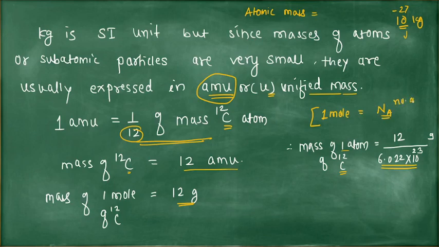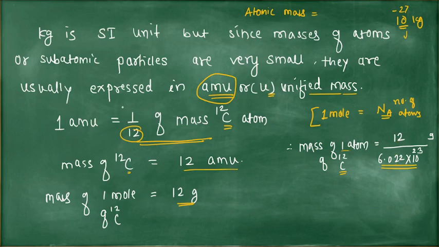Na means Avogadro's number of atoms, and the number of atoms in 1 mole is 6.022 × 10^23. This is a number. So if you divide by this, you will get the mass of 1 atom of C12.